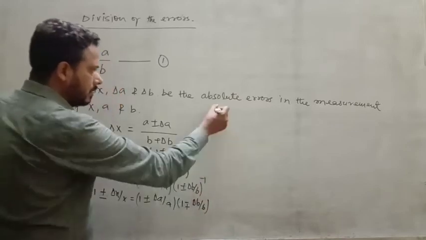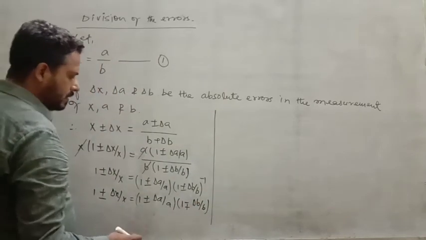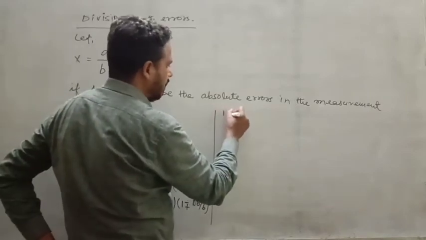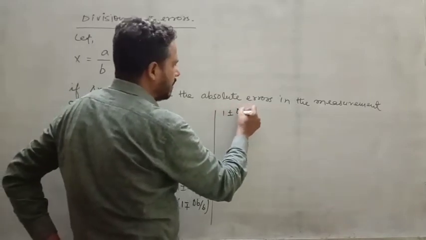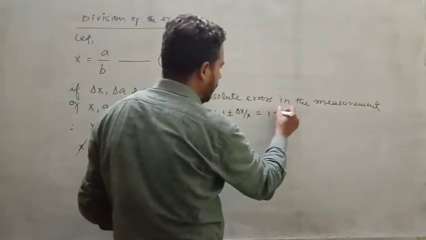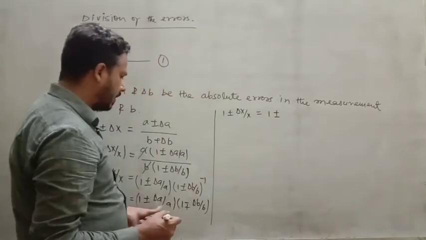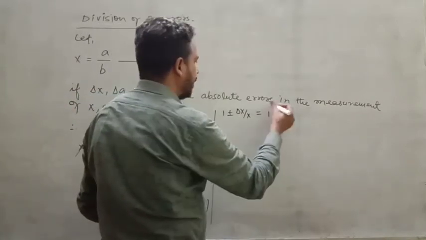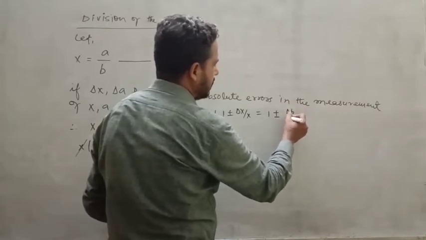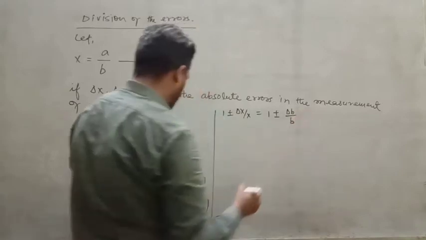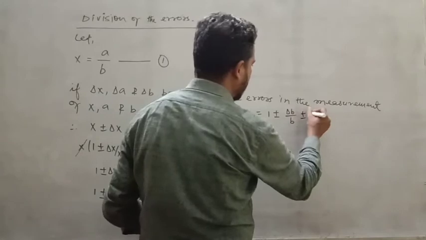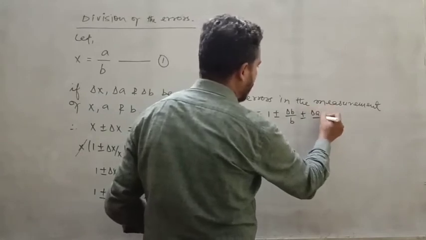Then you have to multiply this out. After multiplication there is 1 plus minus delta x by x, and this is 1 plus minus delta b by b from multiplication of this one, and by the multiplication of this one there is plus minus delta a by a.